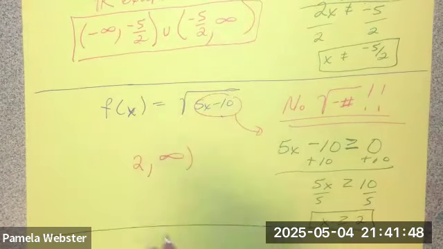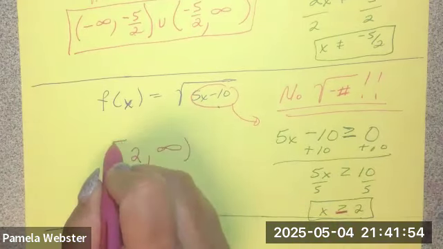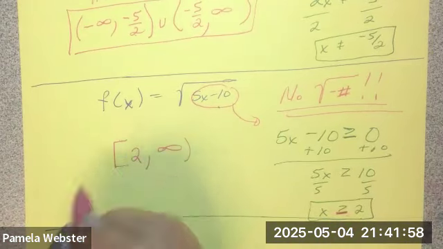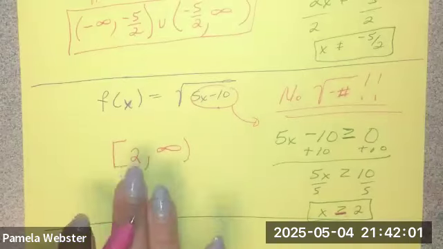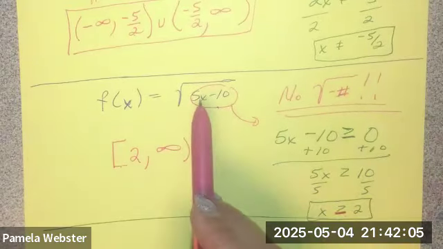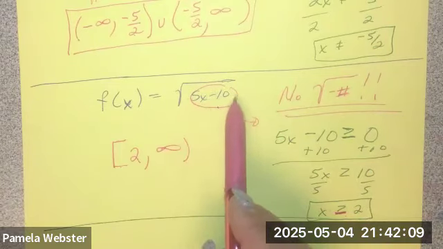Again, infinity, always a parenthesis. Nothing to talk about there. But what does this equal sign tell me? Equal sign says that's like we put the equal sign here, hard bracket, right? So it includes the 2 and does everything above, which means if you put in, say, a 10 here, 5 times 10 is 50, minus 10, that's 40.